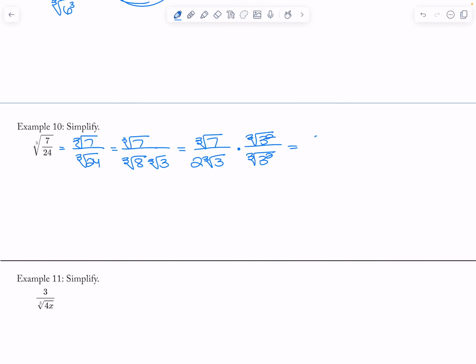So that gives me the cube root of 63, because that's 9 times 7. And then I have 2 times 3 in the bottom, which is 6. So this is the cube root of 63 over 6. Because again, remember, this is going to be the cube root of 3 cubed.